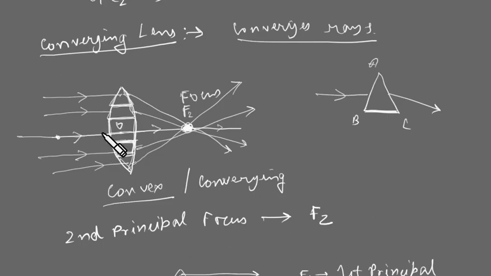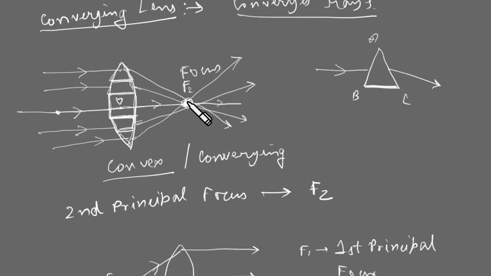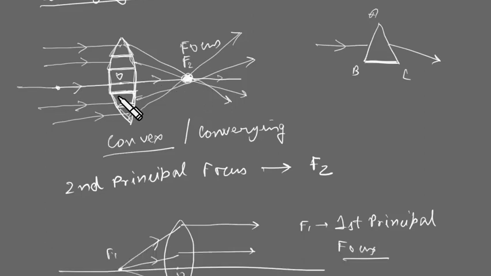Rays of light with a single color or single frequency must be considered while talking about the definitions of this focus and so on. So this focus, the focal distance, depends on the frequency of the light. If the frequency changes, the focal length will also change here.